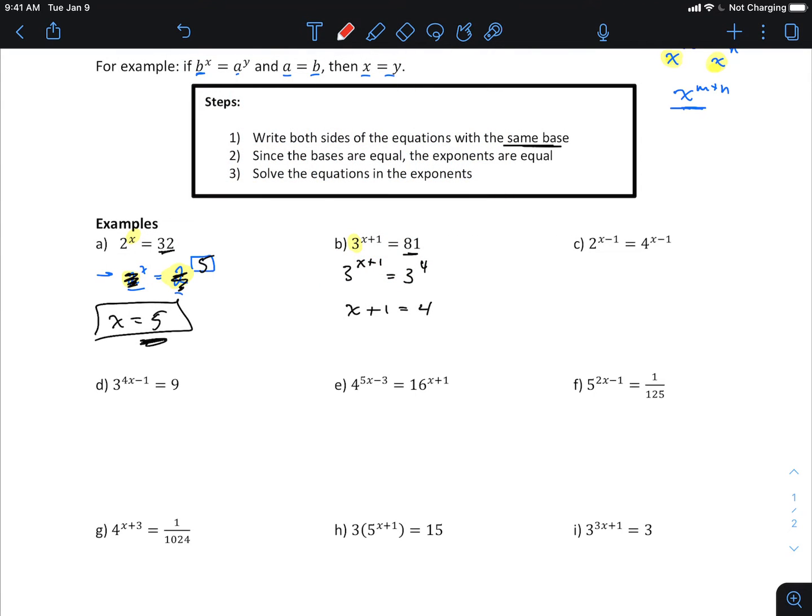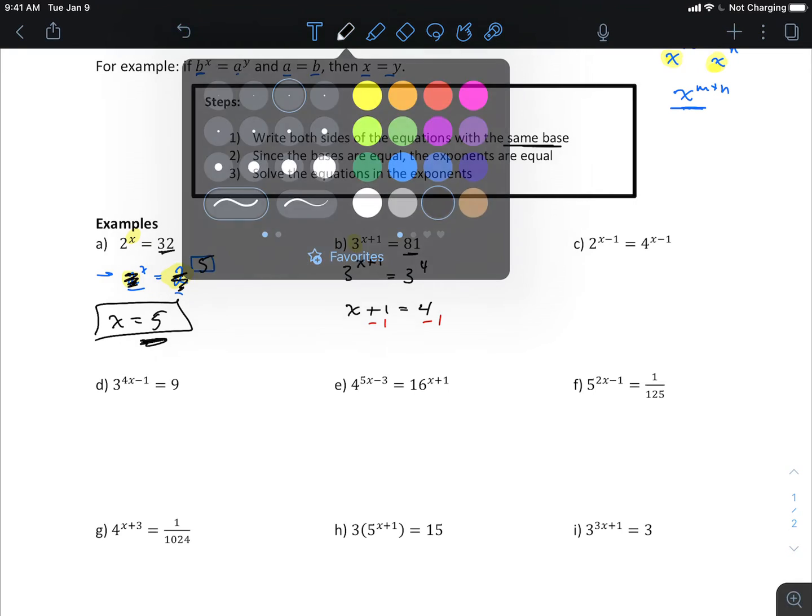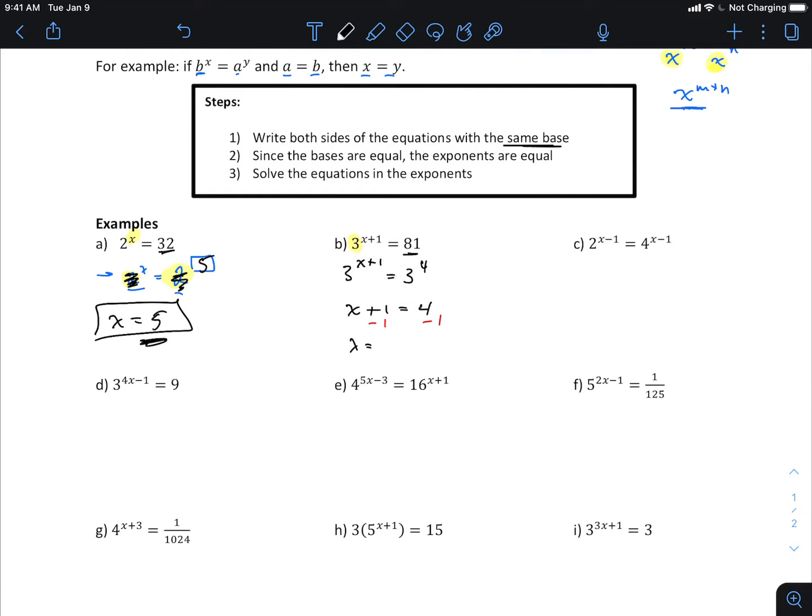Solve for x. How on earth can I do that? You could say, okay, I'm going to subtract 1 from both sides, as normal as I've done a million times, right? As you guys have seen. So you say, okay, x equals 3. To check that, as per usual, you could always go back to the original equation and check it.